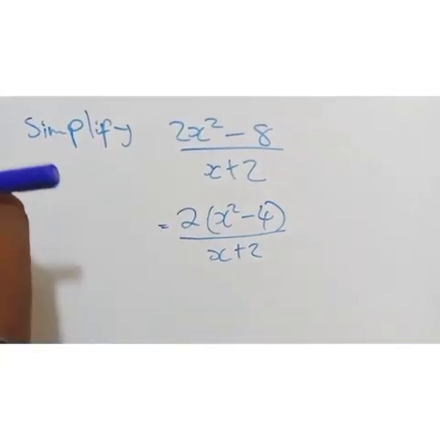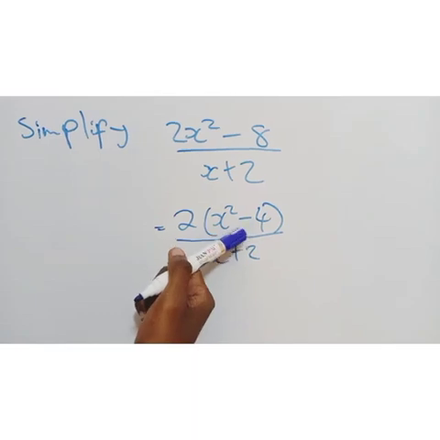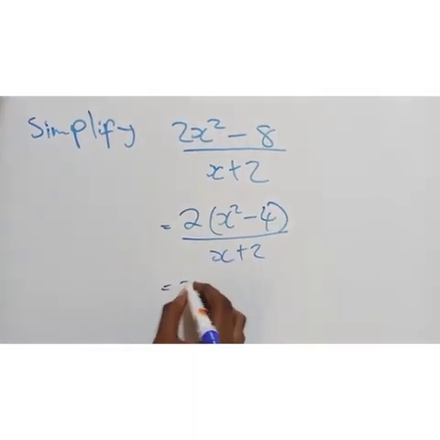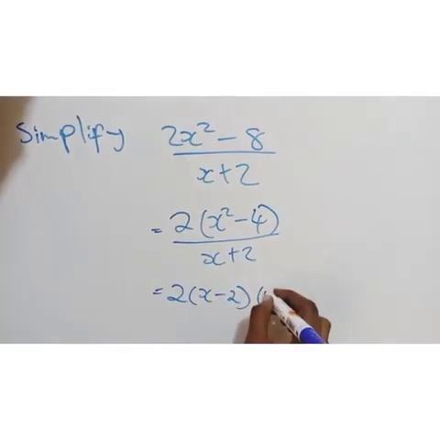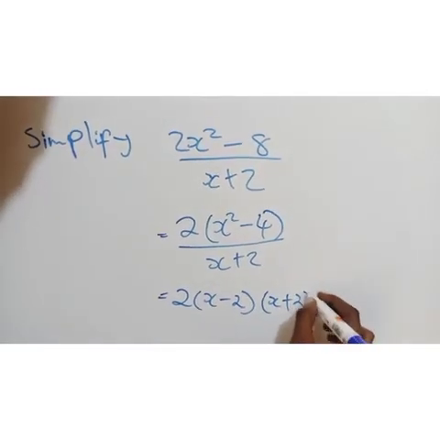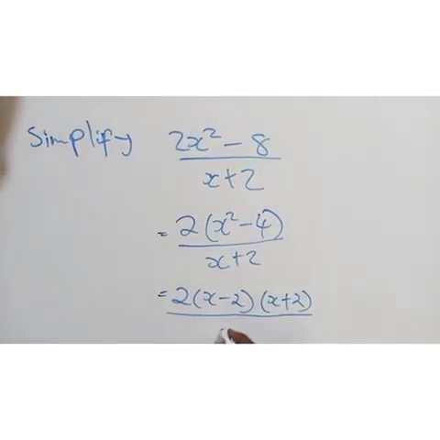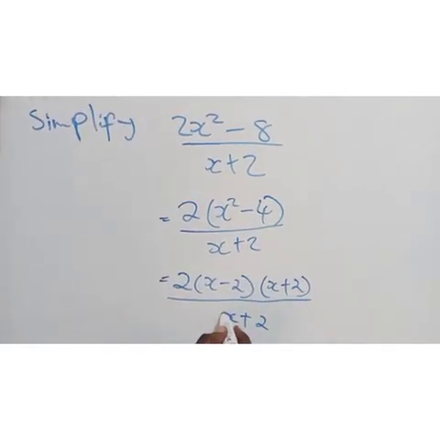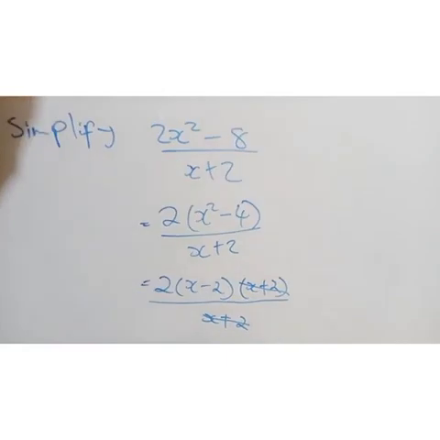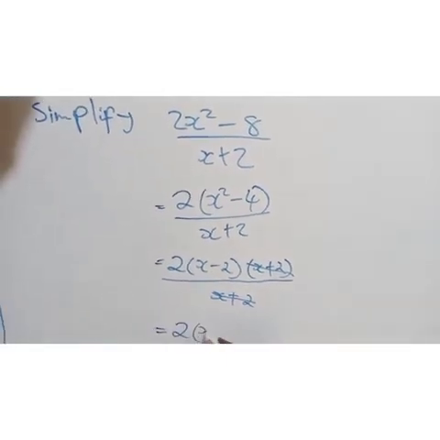This has to be further factorized. So we have 2, then x minus 2, difference of 2 squares, then x plus 2. By now you know difference of 2 squares. Once I reach this level, I cancel what's common. So this will cancel with that. So I have 2, then x minus 2.